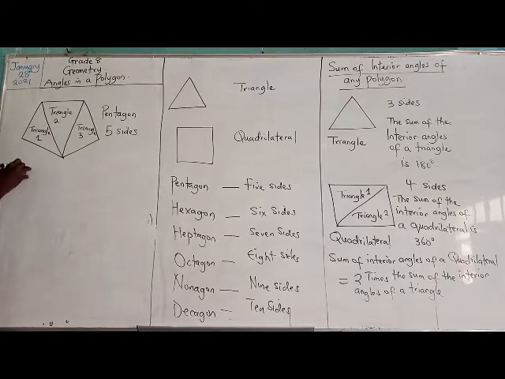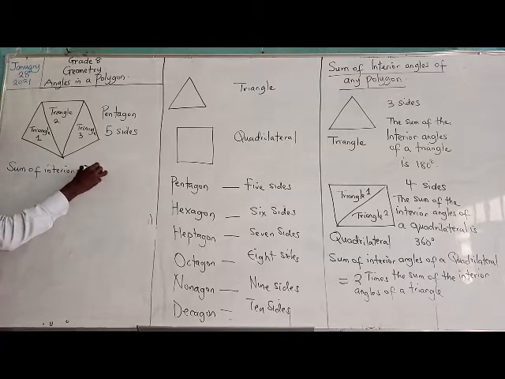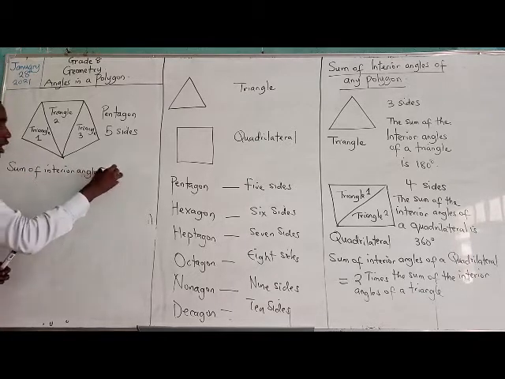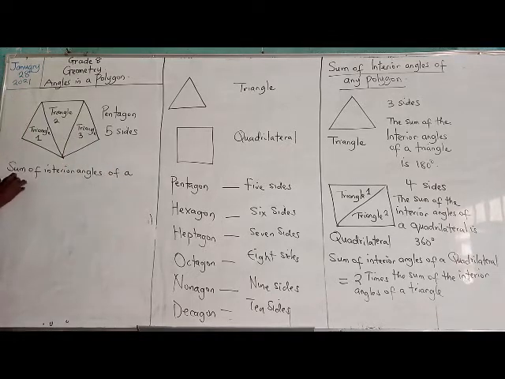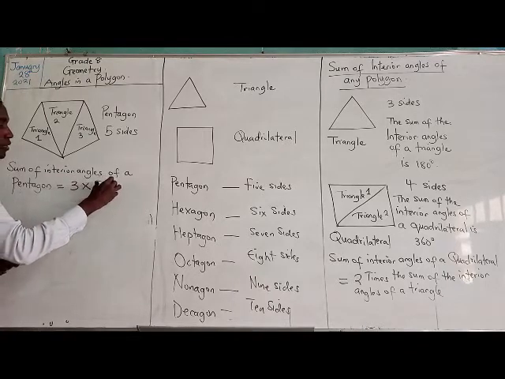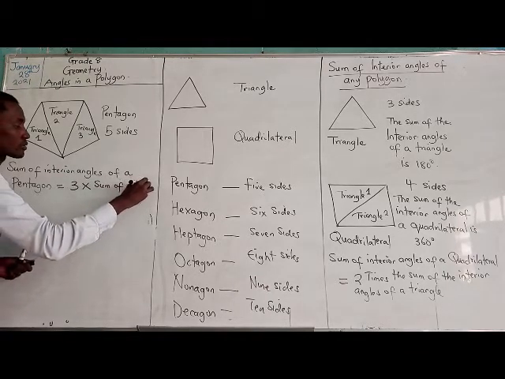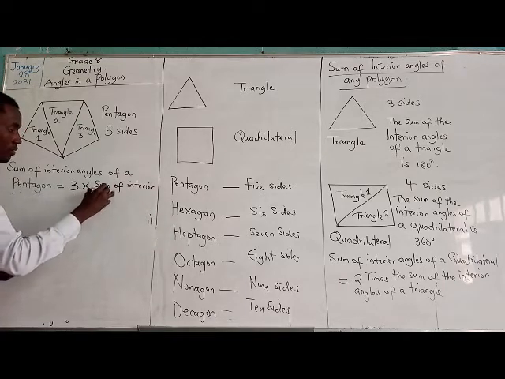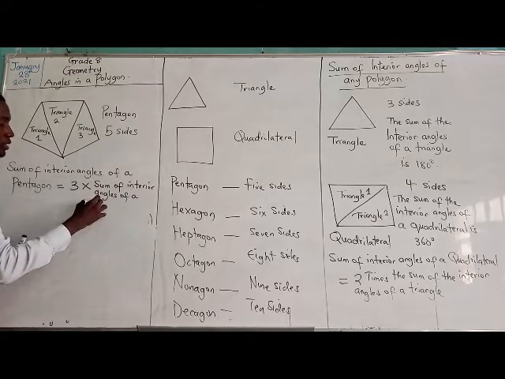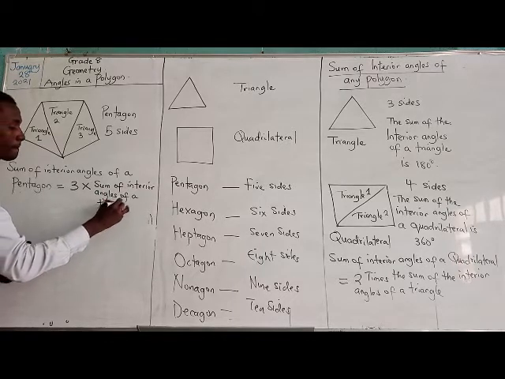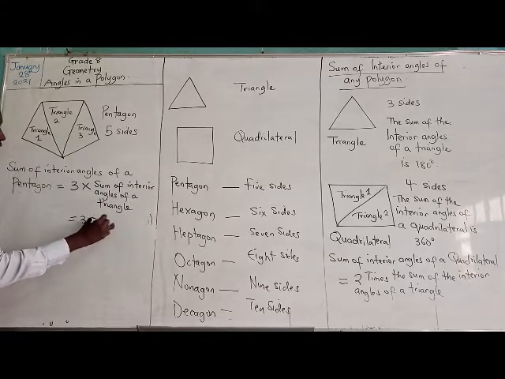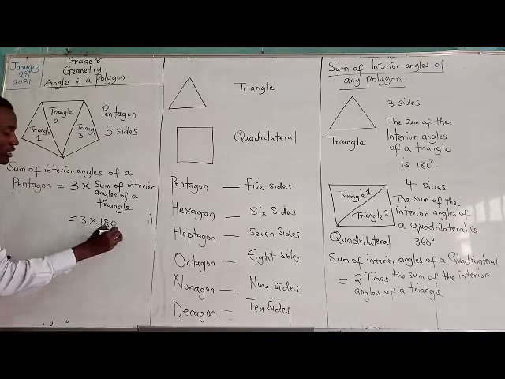So the sum of interior angles of a pentagon will be equal to 3 times the sum of interior angles of a triangle, which will be 3 times 180, and that will be 540 degrees.